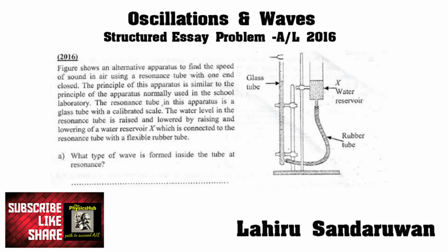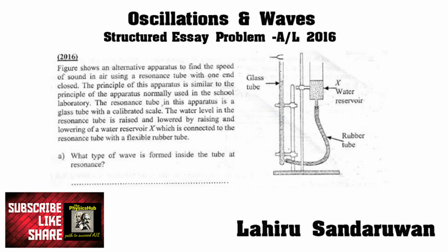The figure shows an alternative apparatus to find the speed of sound in air using a resonance tube with one end closed. The principle of this apparatus is similar to the principle of the apparatus normally used in the school laboratory.